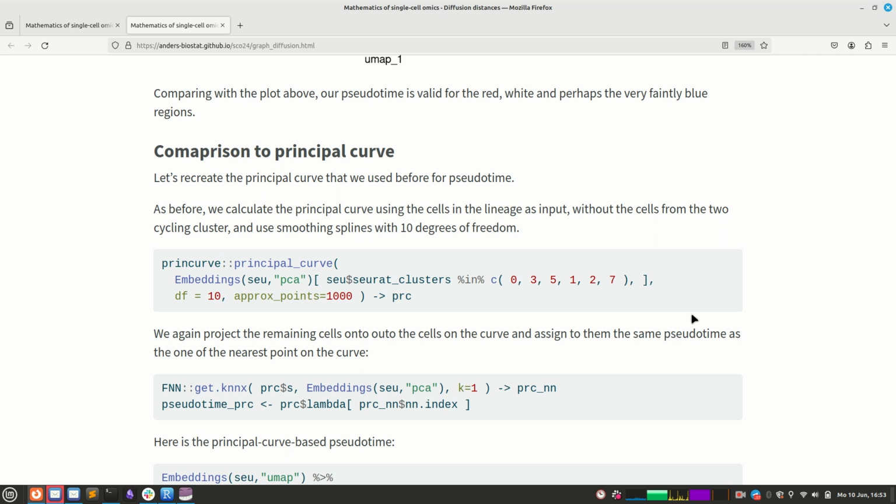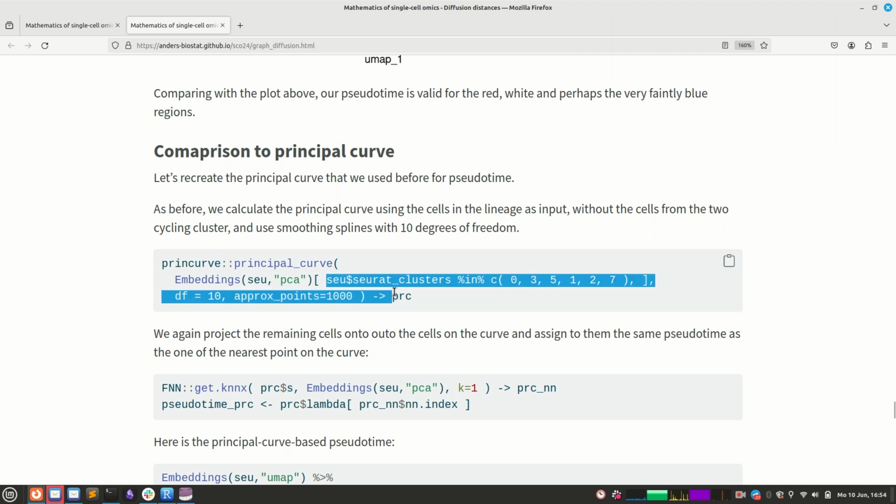Now, last time, or last week, or was it 2 weeks ago, we used this principal curve algorithm, where instead of using this neighborhood graph, we didn't look at neighborhoods at all. Instead, we used this principal curve, where we said we want to find a curve which goes as close as possible to all the points.